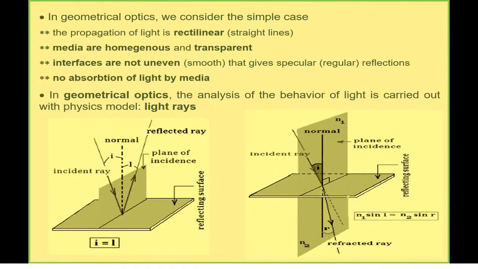Okay, so let's come back and start from the simplest, as I said already, model of light. We deal now with geometrical optics basics, and you can see here the illustration of this model of light as a light beam, a light ray. It is a line with an arrow. The arrow shows just the direction of the propagation of electromagnetic energy.